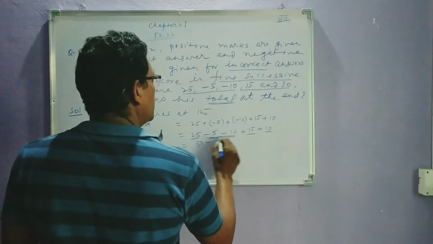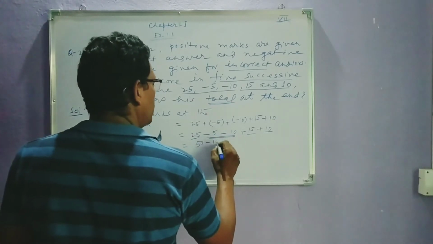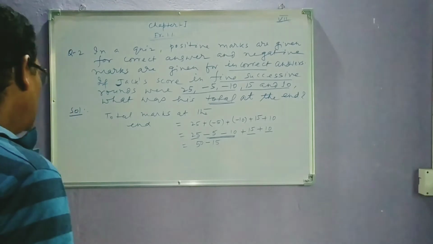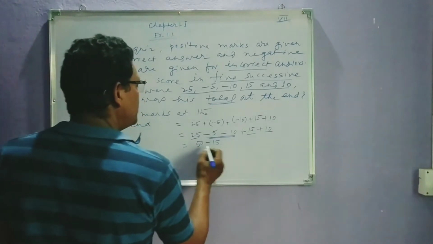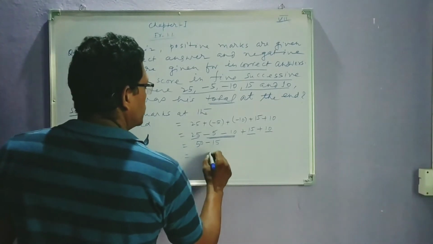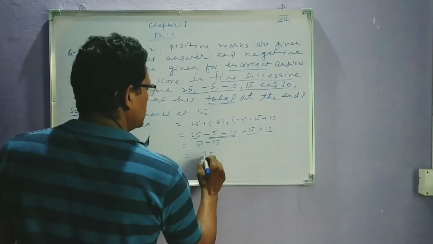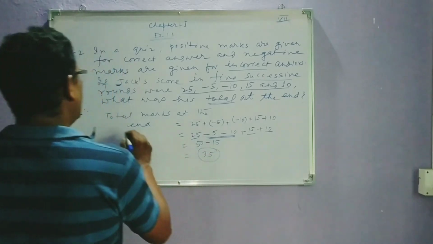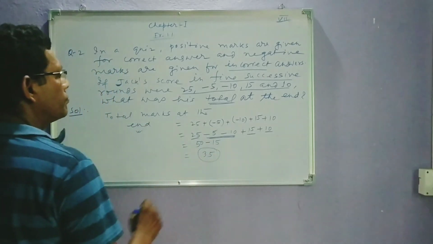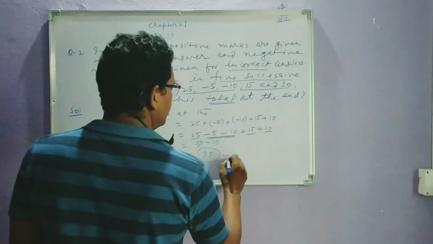It will give you minus 15. So write down here minus 15. Now you subtract 15 from 50. So 10 minus 5, 5, 4 minus 1, 3. So his marks at the end is 35.